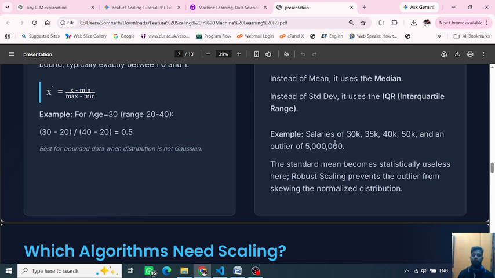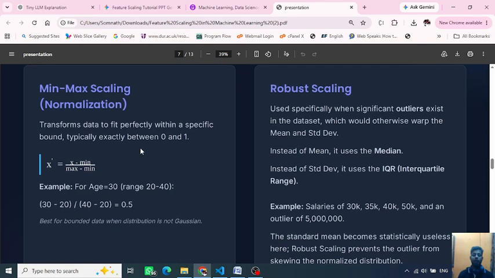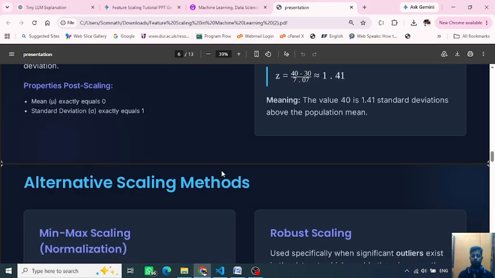So when the data set has outliers, we should use this robust scaling. If you want to scale your data between 0 and 1, you can use MinMax. Otherwise, you can use Z-score.